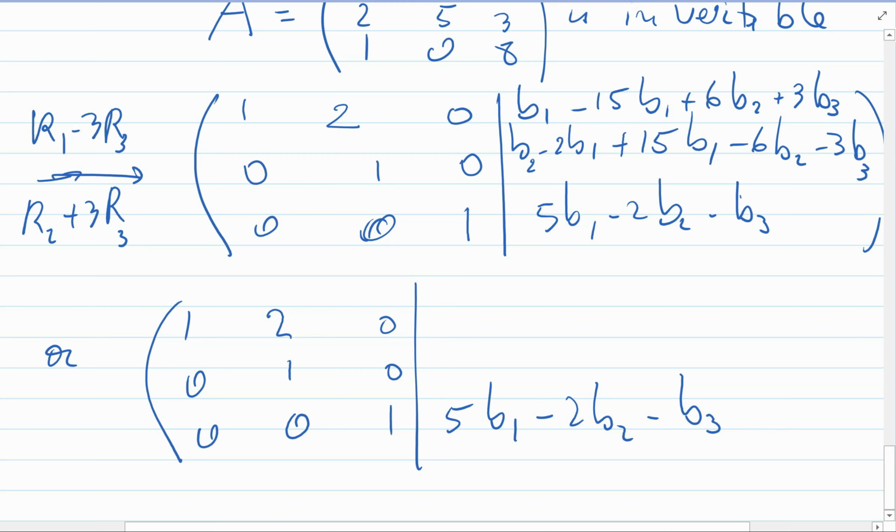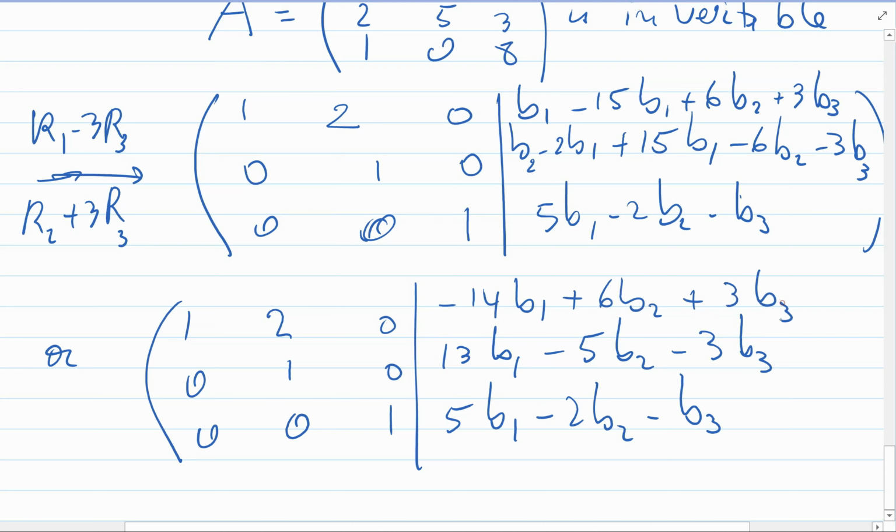Here in the second we have 13b1 minus 5b2 minus 3b3, and on the top we have minus 14b1 plus 6b2 plus 3b3.